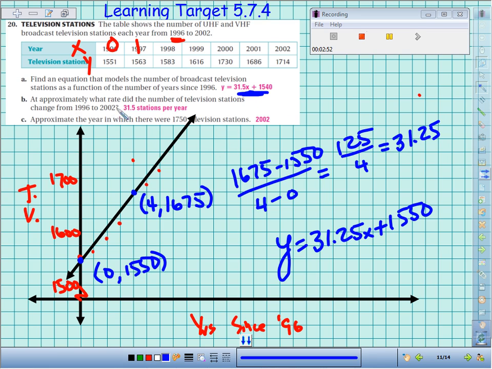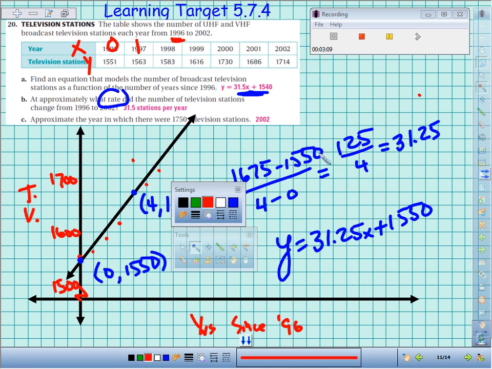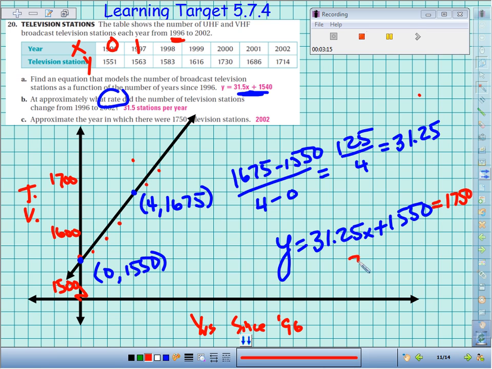It says approximately what rate did the number of TV stations change. Rate is just your slope, so how fast was the number of stations increasing? About 31.25 per year. Approximate the year in which 1,750 television stations would pop up. So we take our equation and now use it. Subtract 1550 from both sides, and you're going to get 200.